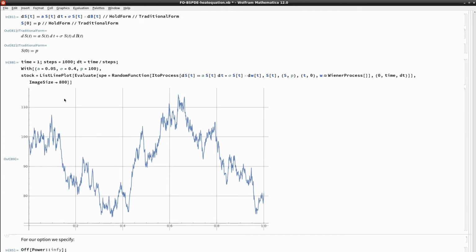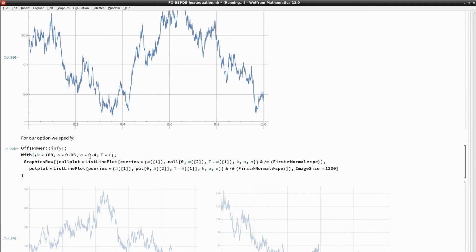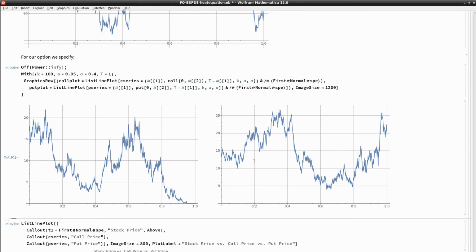Yes, we do. So here we have a stock price that ends at about $81 or so. We start at 100, we end at $81. So the stock lost $19 during that time. And we should now see that the put ends around $19, and we have that here. Okay, it's not quite 19.